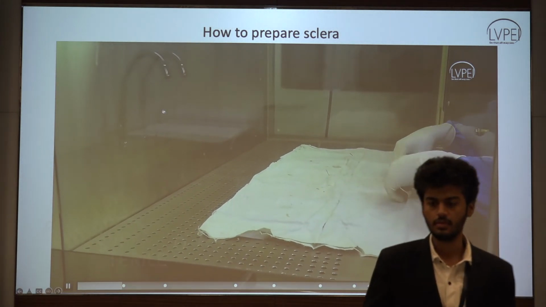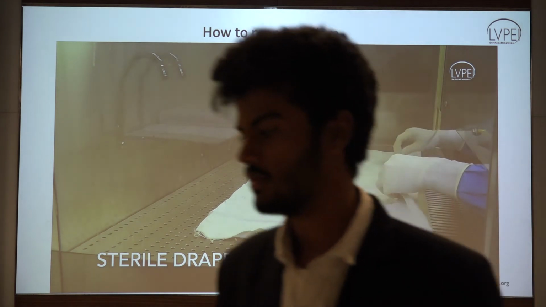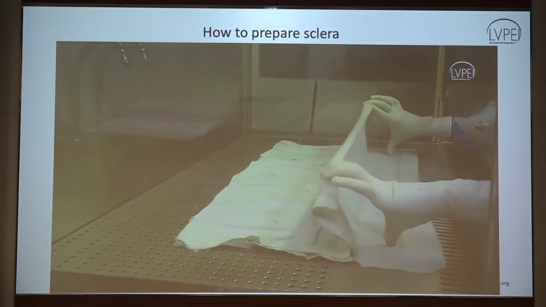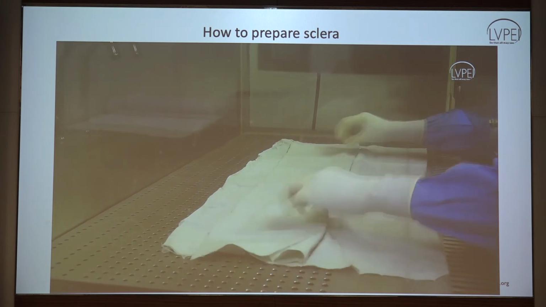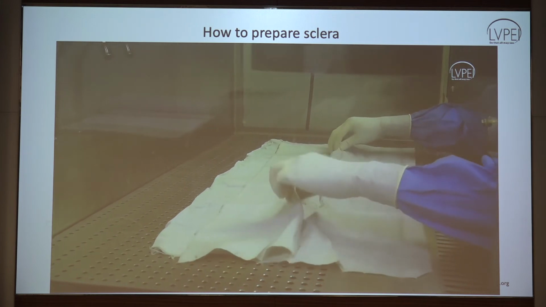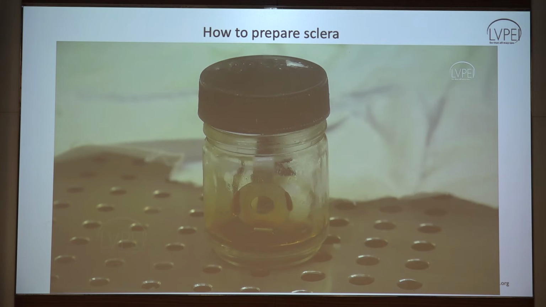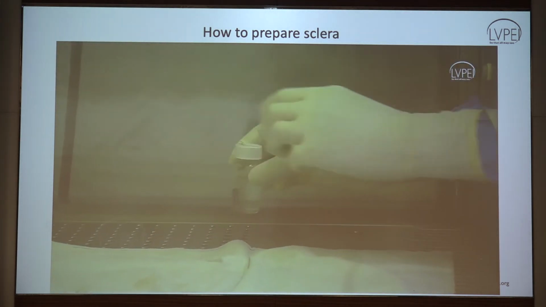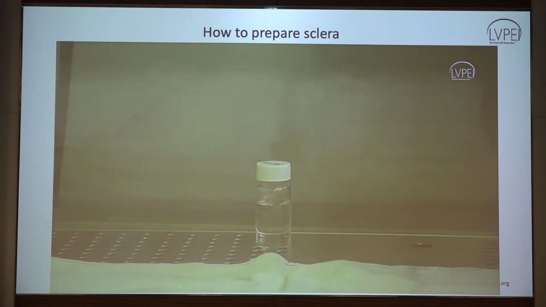A sterile wipe is given, and within that sterile drapes are placed. All the time we ensure that there is complete sterility. The eyeballs are also transferred into the sterile cabinet, and partially opened bottles of absolute alcohol are also placed here.